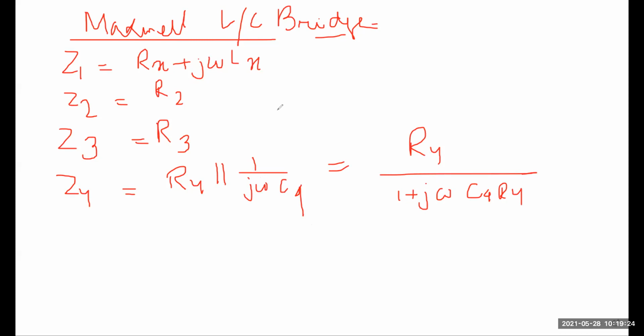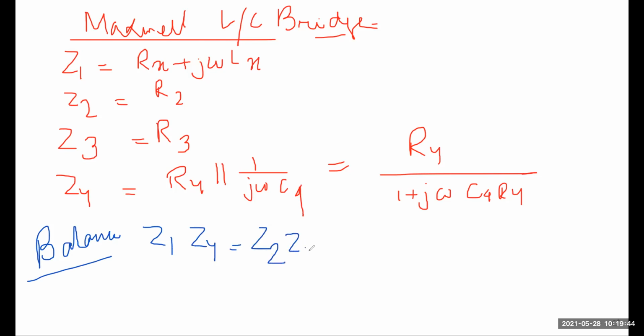Now you try to balance the equation. For balancing purposes, the equation is Z1 Z4 equals Z2 Z3. So this is my balance equation formula. Now I will put the values here.